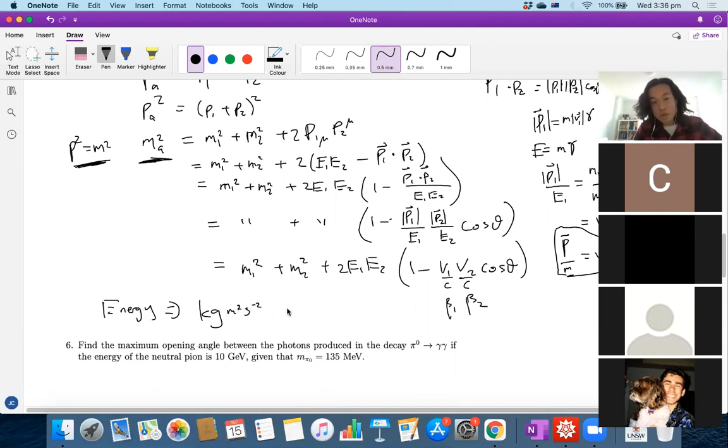If mass is given in electron volts, so it's energy in natural units, but I want to get it back to kilograms, I see they differ by two powers of velocity, so I divide by c squared. That gets you from energy back to kilograms.